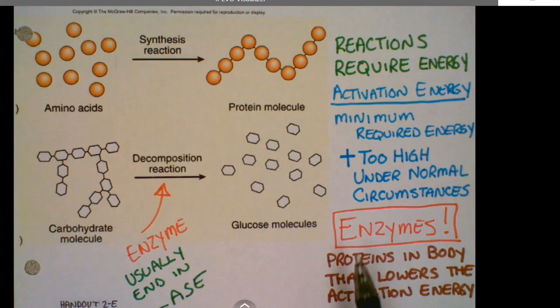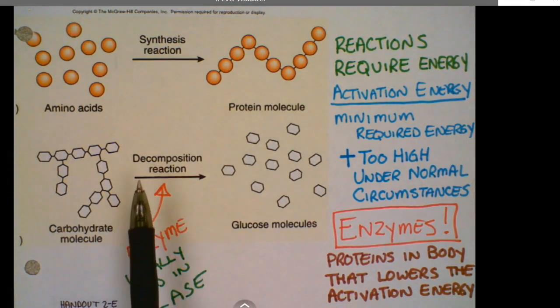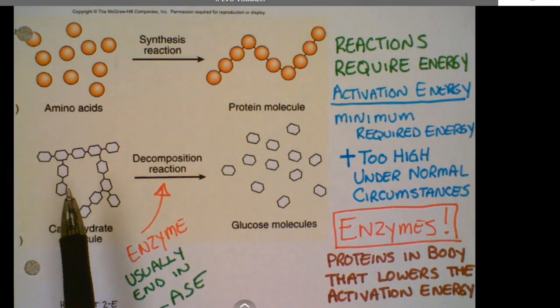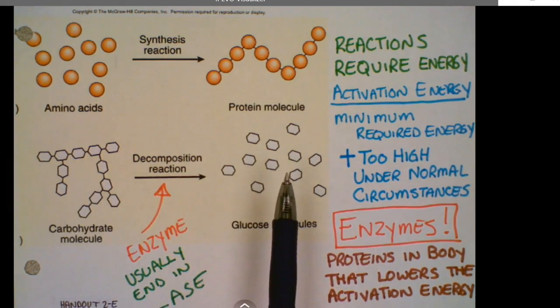So what enzymes do, it says they're proteins in our body that lower our activation energy. So if we have an enzyme, this enzyme will cause the chemical reaction to occur at 98.6 degrees.